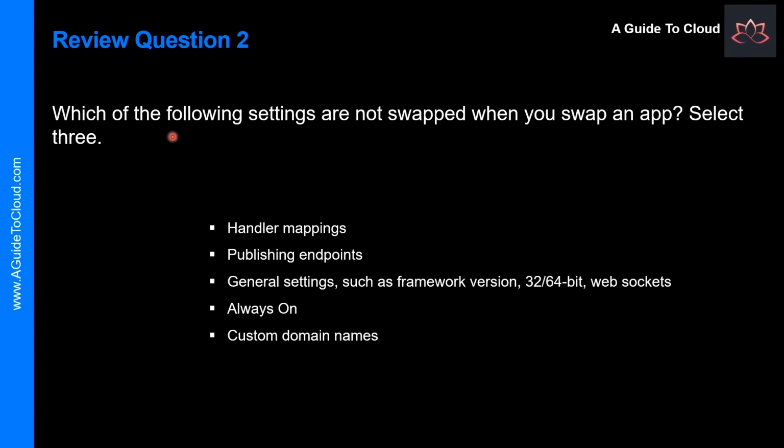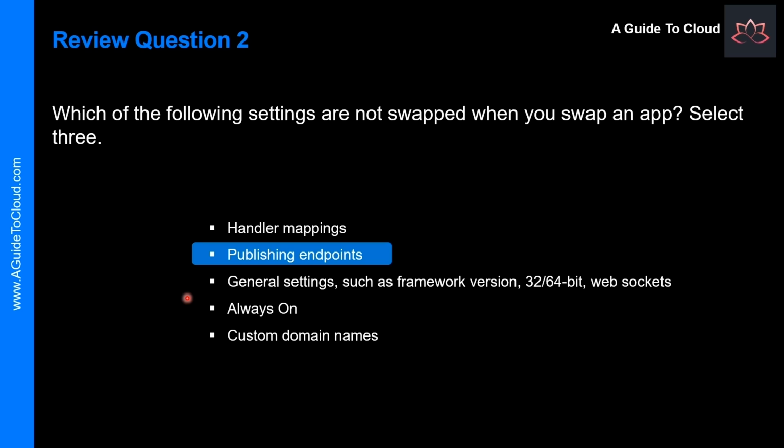Let's look at question number 2. Which of the following settings are not swapped when you swap an app? Select 3 options. Is it handler mapping? Definitely not. What about publishing endpoints? Yes, you can swap your publishing endpoints. What about general settings such as framework version, 32-bit, or WebSockets?